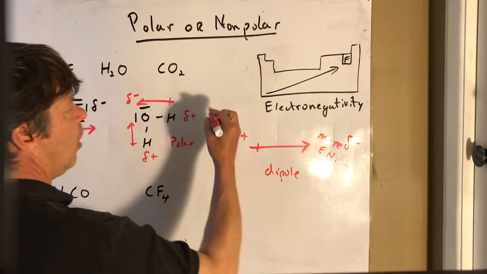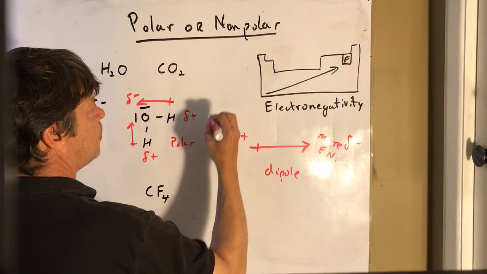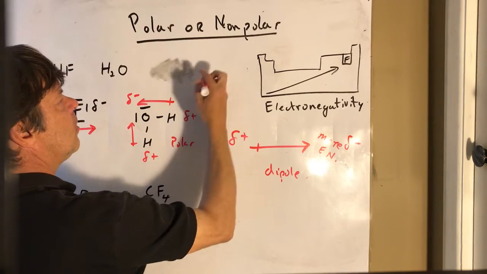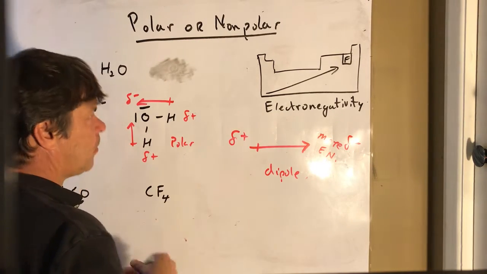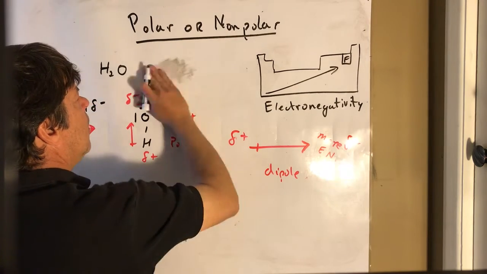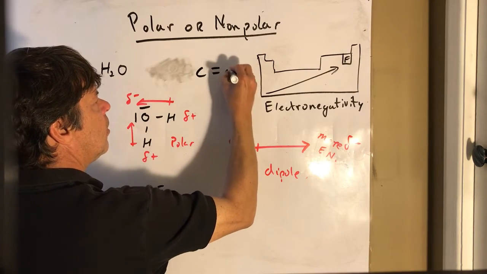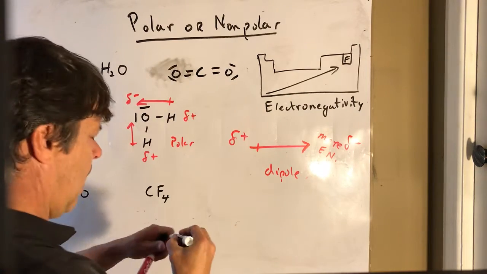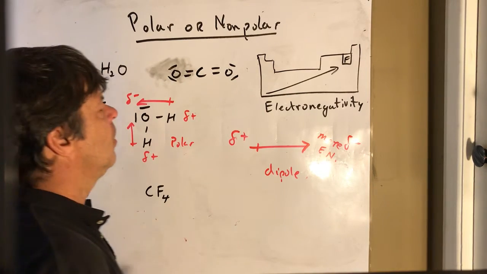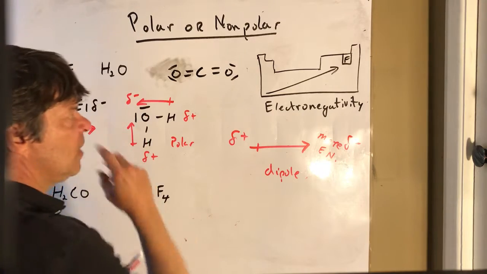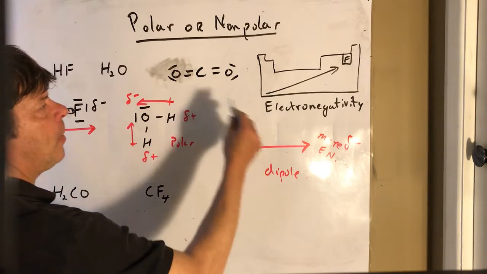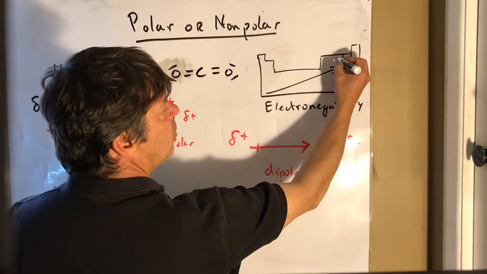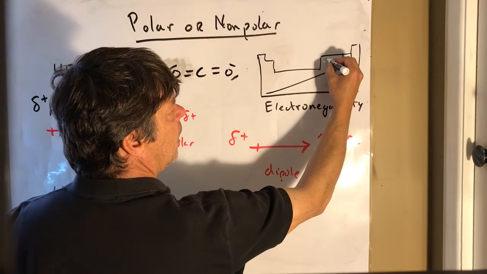Let me draw carbon dioxide like this. Just erase this. So carbon dioxide looks like this. Okay, so let's draw a dipole for each bond. Now, which one's more electronegative, carbon or oxygen? So we have oxygen right here, nitrogen, then carbon.